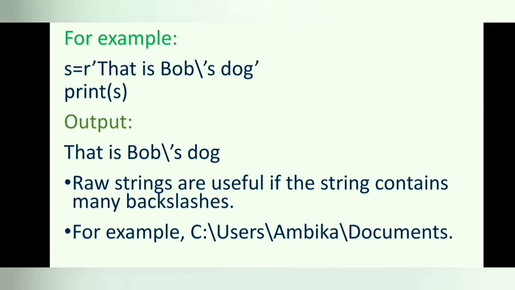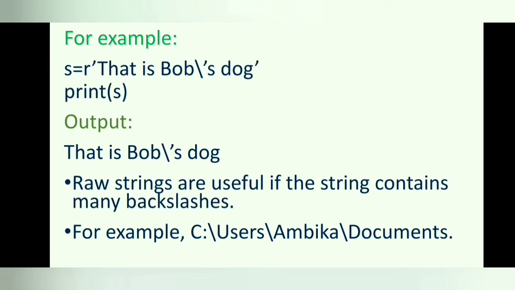For example, r within single quotes, that is Bob\'s, is assigned to S. Here we added an r just before the quotation mark of the string. Then print S. The output will be that is Bob\'s duck. A raw string ignores all escape characters and prints any backslash it finds in the string.